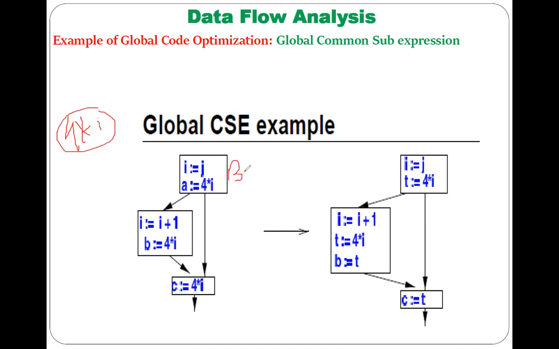This is B1. If you consider this as B2 and this is B3, is 4 into I available for B2? No, it is not available for B2. Why can we say it is not available for B2?